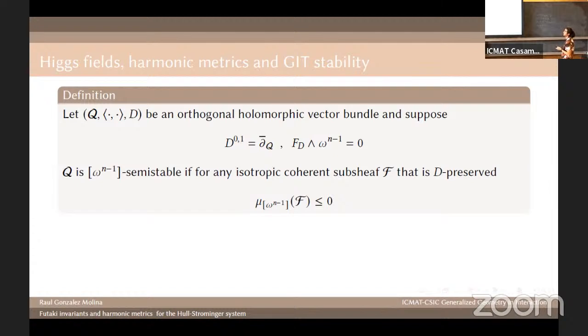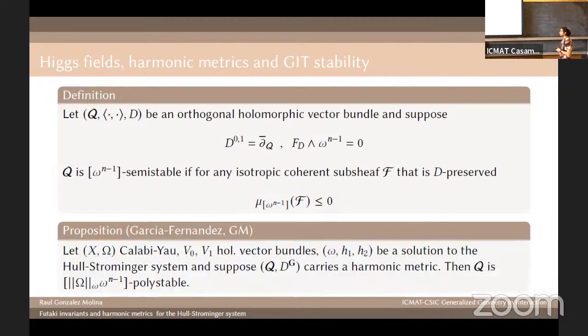Then I will say that this orthogonal holomorphic vector bundle is semi-stable with respect to this balanced class if for any coherent subsheaf which is isotropic with respect to the pairing, and this is the key part, which is preserved by this connection, the slope in the classical sense is less than or equal to 0. 0 is just because an orthogonal holomorphic vector bundle must have slope 0.